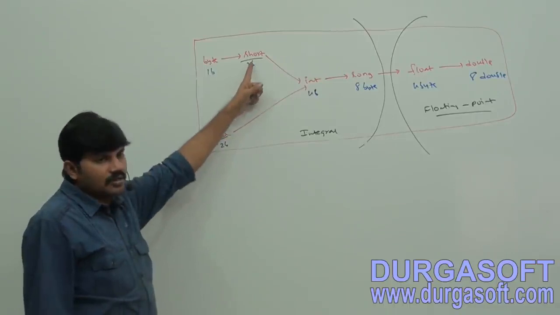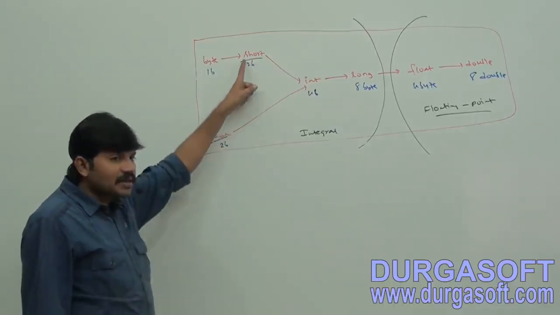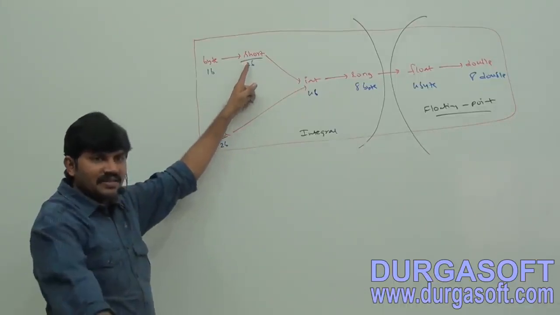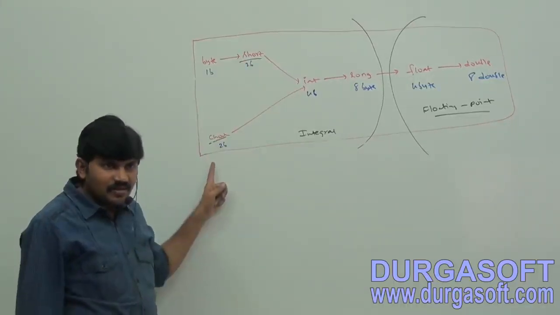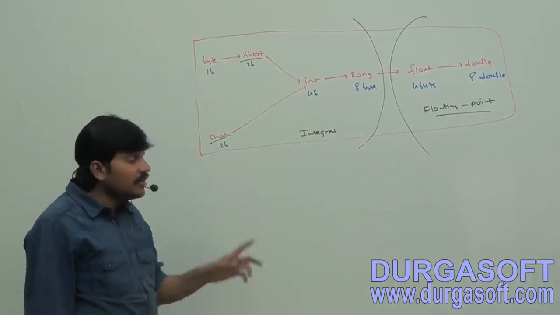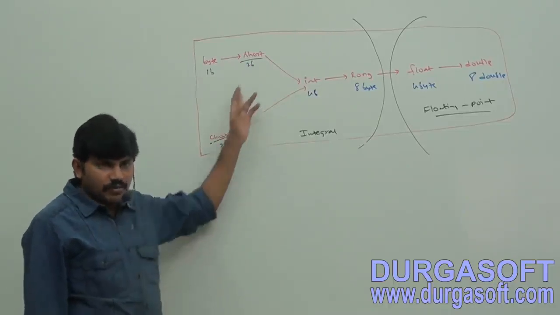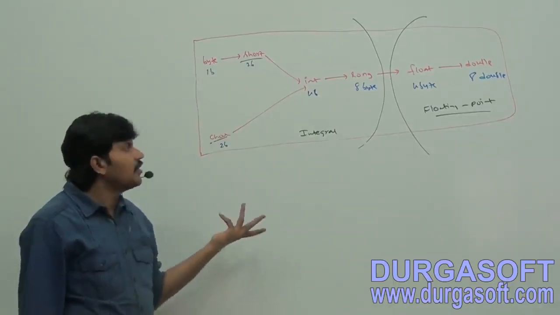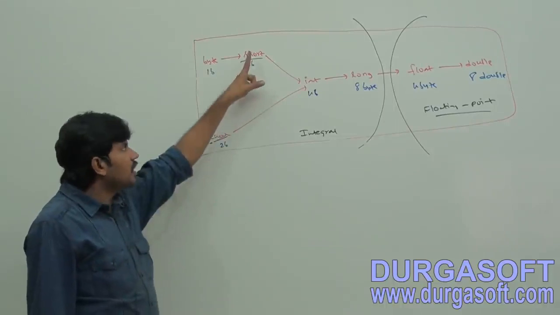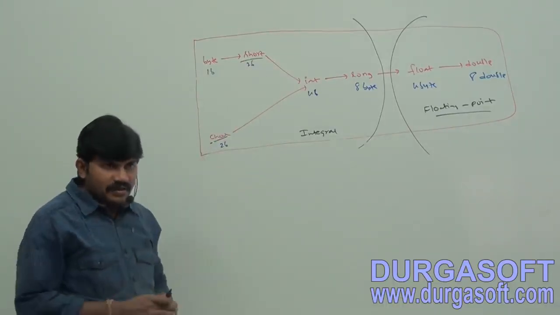You can't assign the char value 65,535 to short because it is not in short's range. Next, minus 32,768. Can I assign it to char? No, because char can't consider negative values. That's why even though both are 2 bytes, there is no compatibility between these two. Clear for all of you? The reason is that one is a signed data type and the other is an unsigned data type.